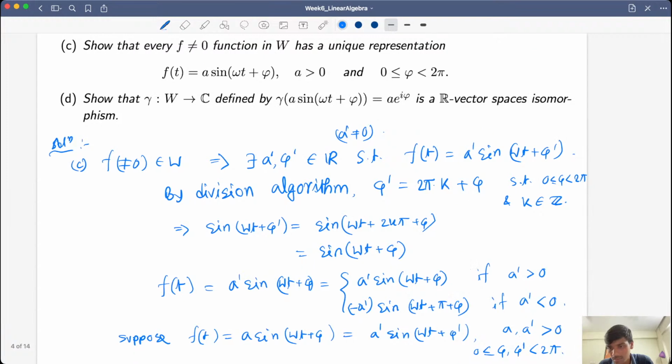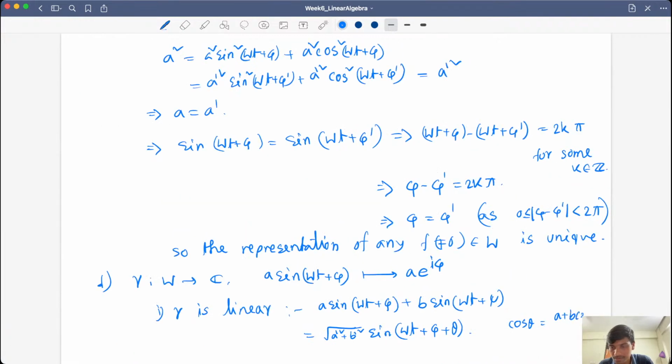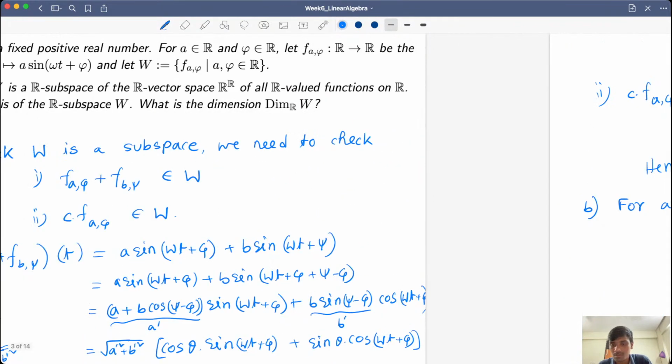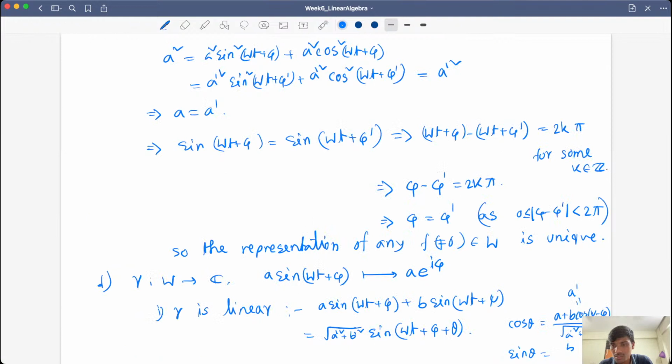Okay, so this is a plus b cos psi minus phi, divided by the root of a prime square plus b prime square. So this is my a prime, and this is simply a prime square plus b prime square, and sine theta was just b sine psi minus phi divided by the root of a prime square plus b prime square.